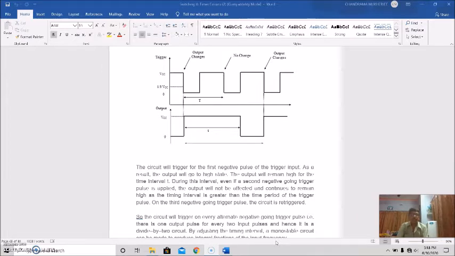On the third negative going trigger pulse, the circuit is re-triggered.